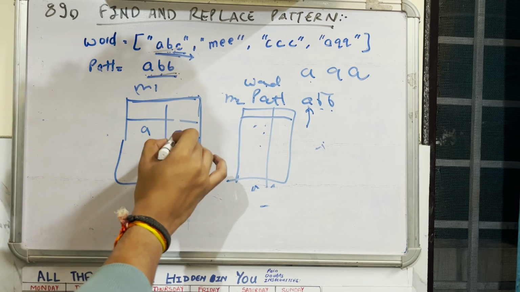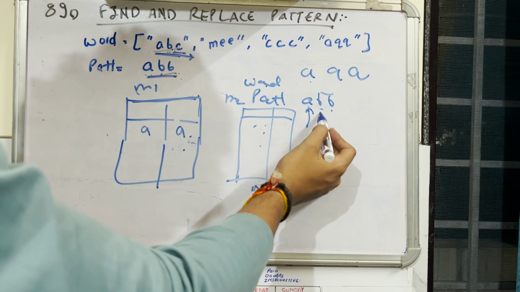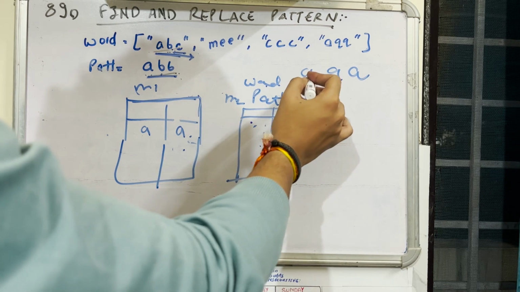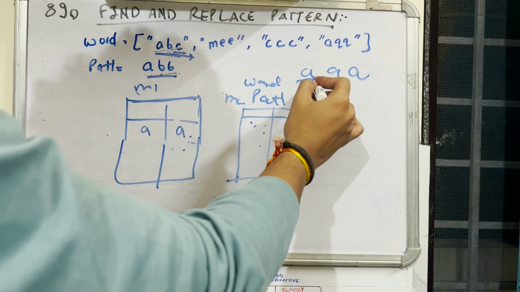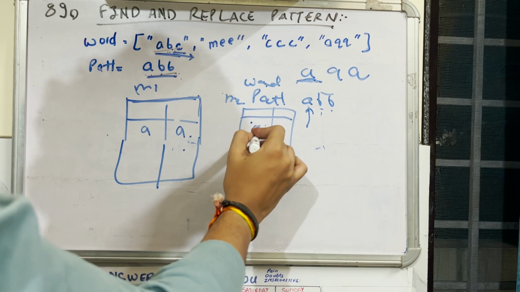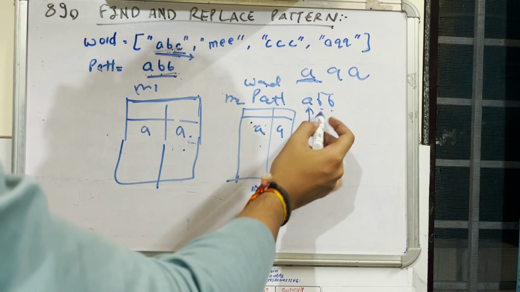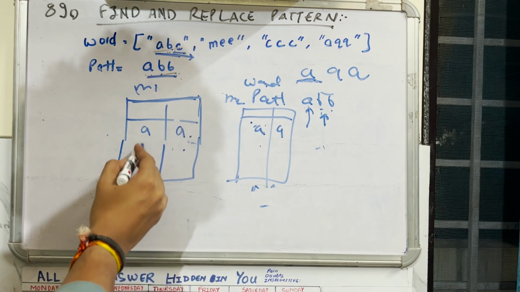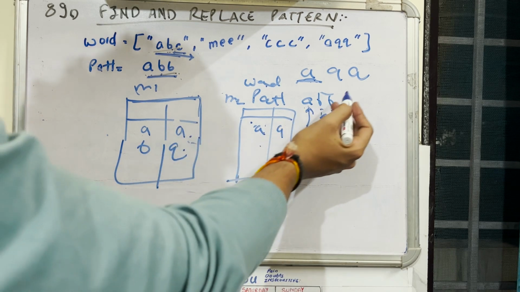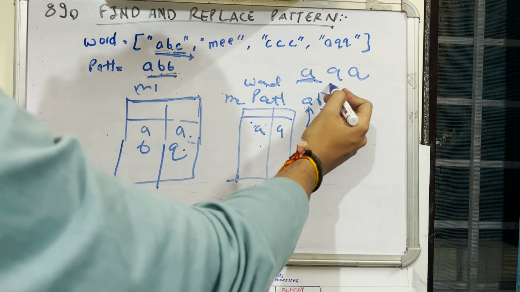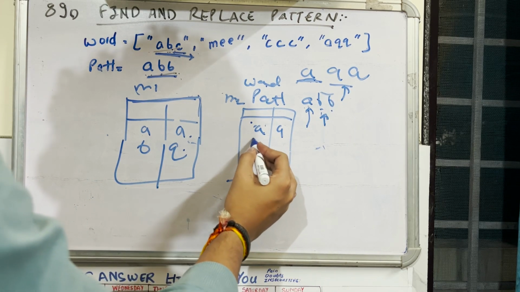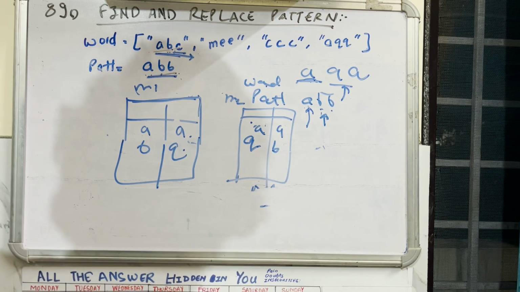A is not mapped with anything, so you can map A. Then we'll come to the word side and check whether the value from the word is mapped to anything. No, A is not mapped to anything, so we'll map it with A. Then we'll come to B. Is B mapped with anything? Nothing, so B will map to Q. Then again you'll do it in the other map. You'll check if Q is mapped to anything. It is mapped to nothing, so we will map Q with B.